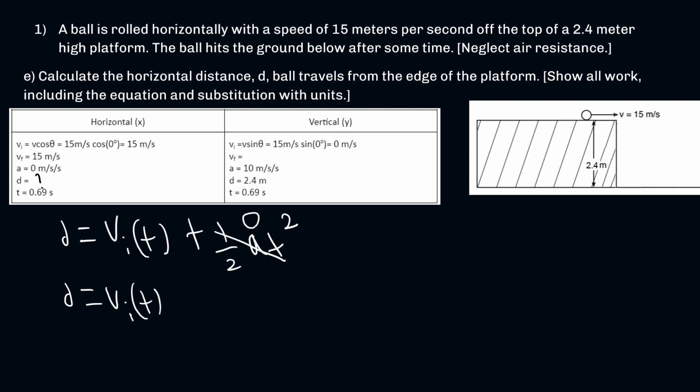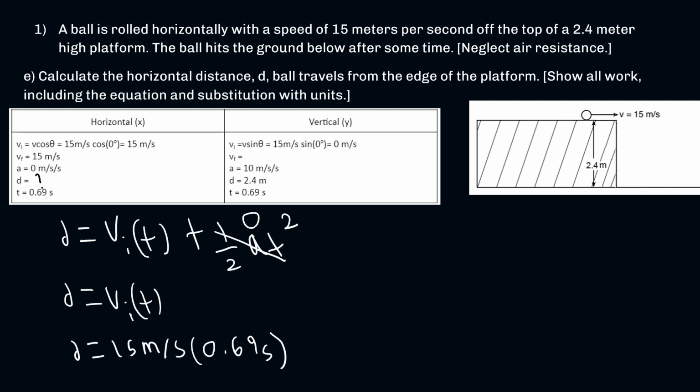So now I can just plug in what I've been given here, what I found, the initial velocity of 15 meters per second, and my time of 0.69 seconds. And I'm going to end up here then with my final answer, which is 15 meters per second times 0.69 seconds.